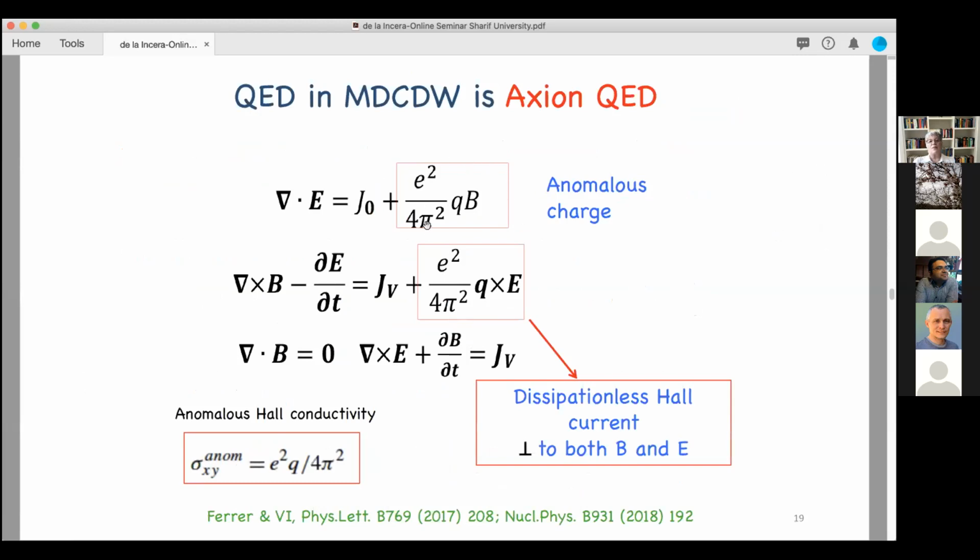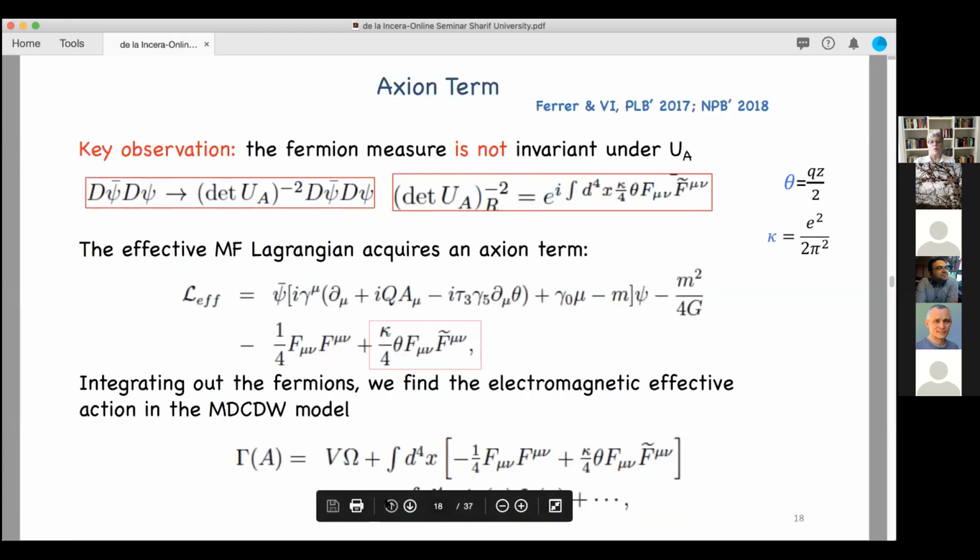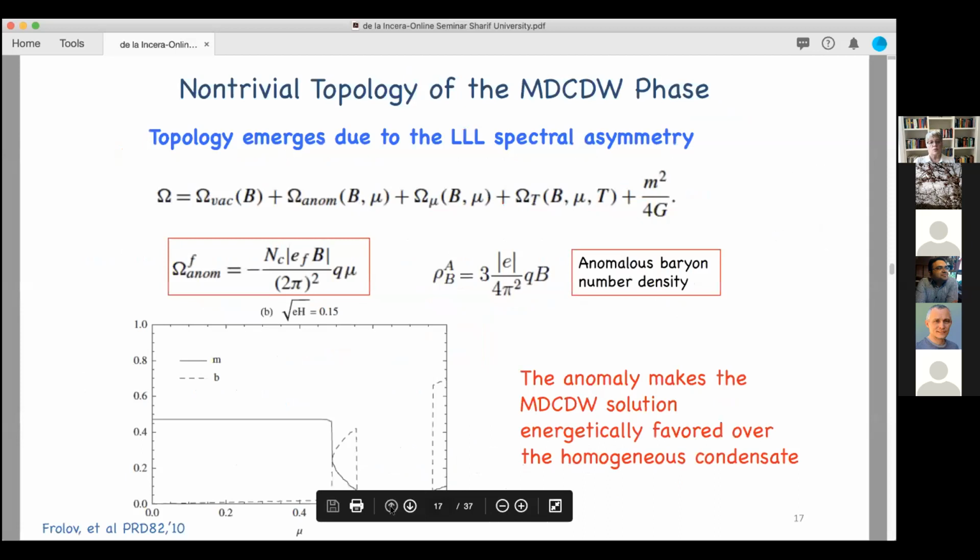This anomaly gives you terms like this, which is an anomalous charge, and terms like this, which is an anomalous Hall current. Both of these terms come from the term that appears when you take into account the measure.